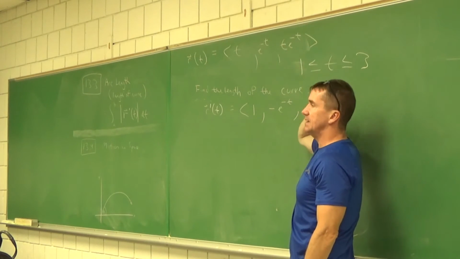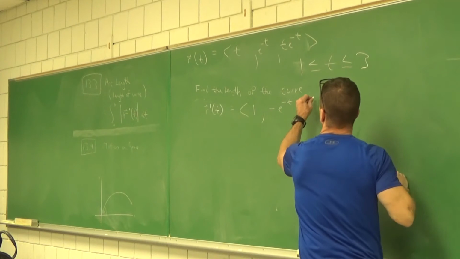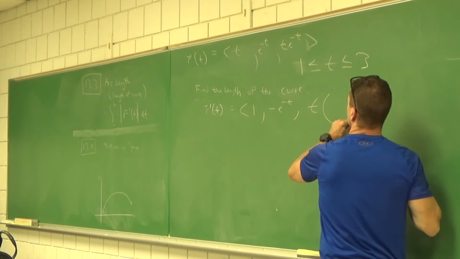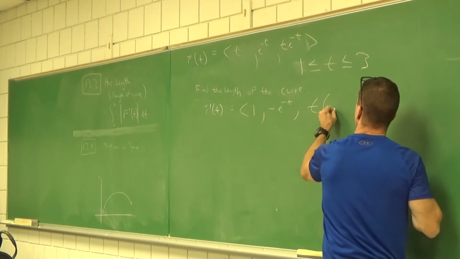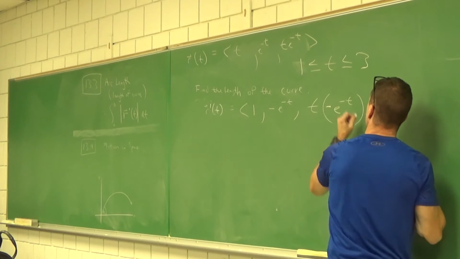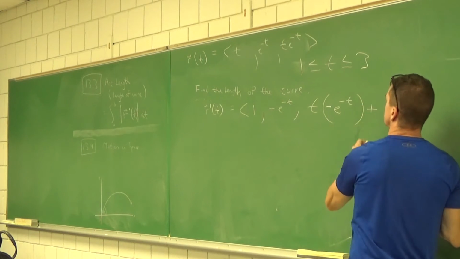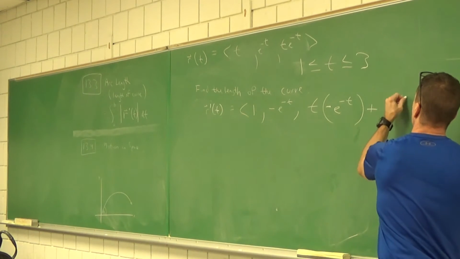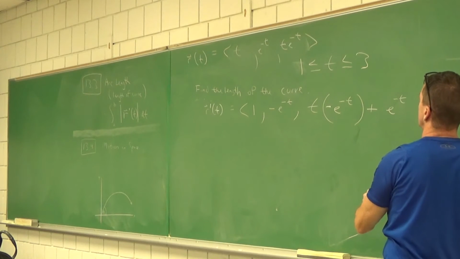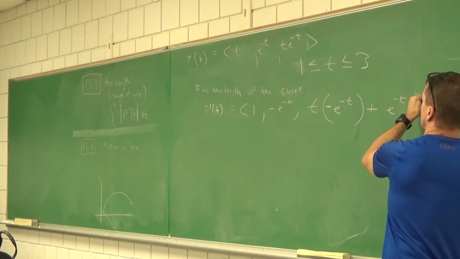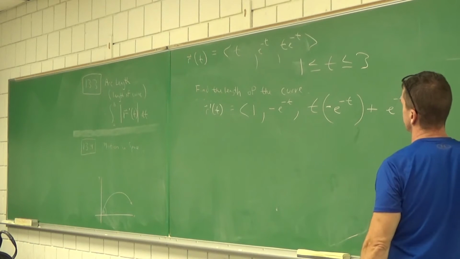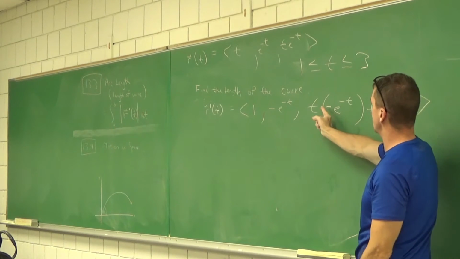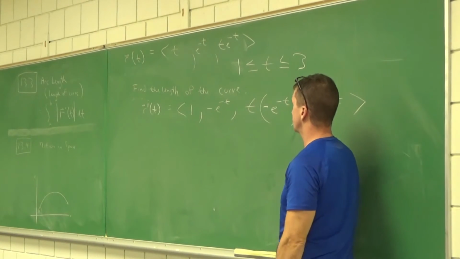See the t in front of that e to the negative t? So first, derivative of the second is a negative e to the negative t, plus the second times derivative of t, which is just 1. And of course you could rewrite this as negative t e to the negative t, right?